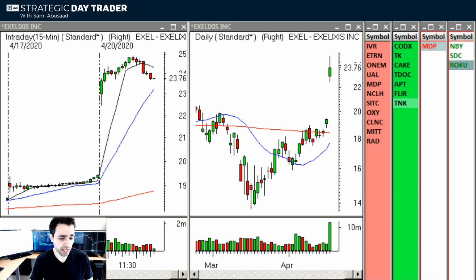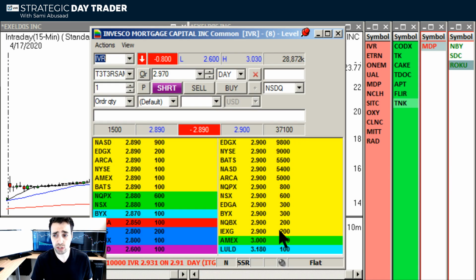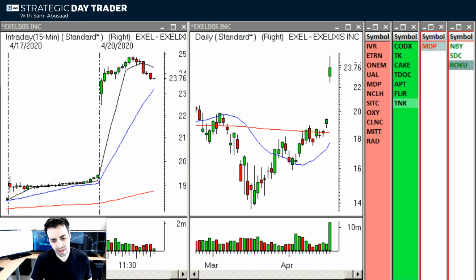Okay, you can try the IVR one more time here. The offer is pretty strong, the bid is weak, so it would be at 289, stop 290, or short right here, stop over the offer, which is 291. You can try it. It's not moving much, so I wouldn't expect much movement on the IVR.